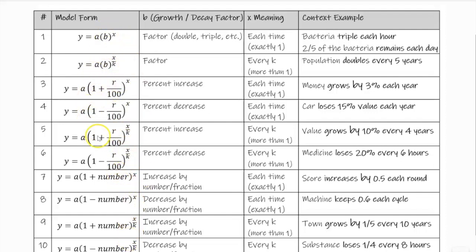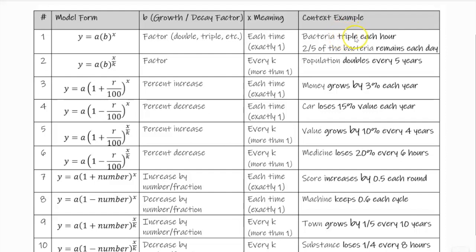With the B's, you have a couple of options. You have B, which is your factor. If you have keywords such as, hey, I want you to double it, I want you to triple it, etc. You also have a factor if it says that something remains. For example, if I say the bacteria triples each hour, the word triple means multiply by 3.